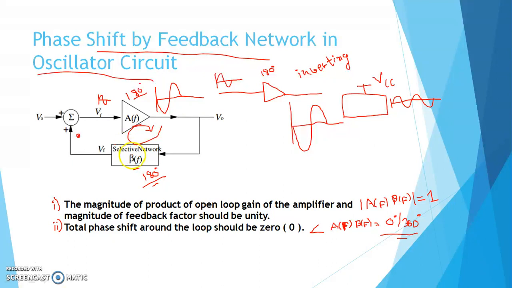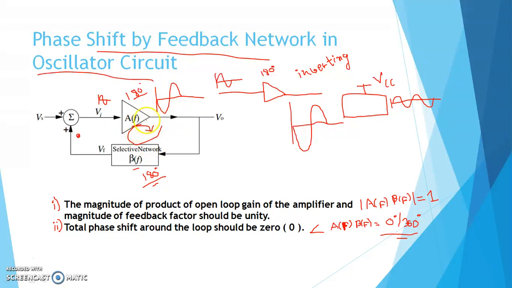I already discussed that for the CE amplifier, the phase difference between input and output of the basic amplifier is 180 degrees. Why that phase difference is there, you can check my previous video, or I will give you the link in the description of this video. So for the CE amplifier, there is 180 degree phase shift between input and output.